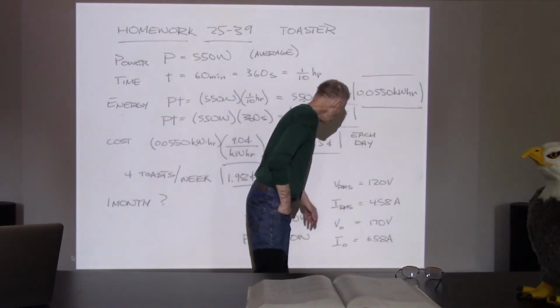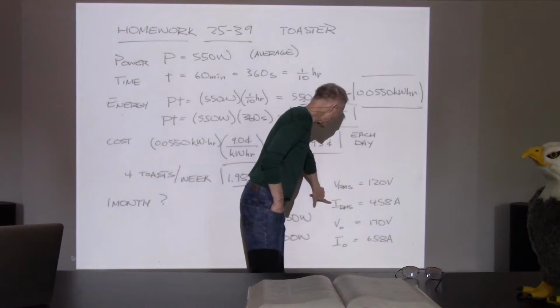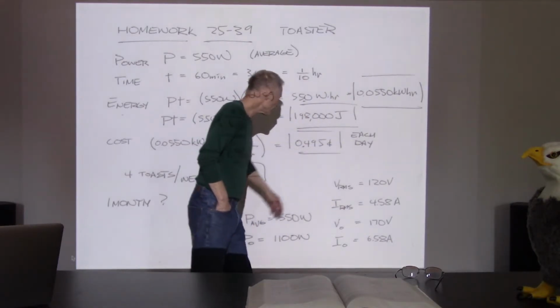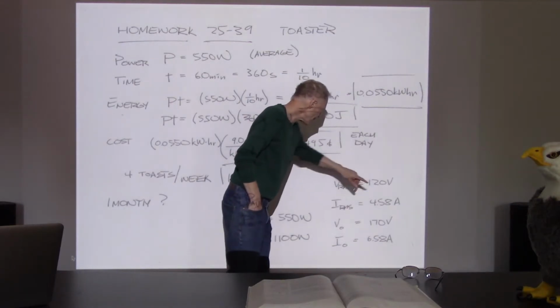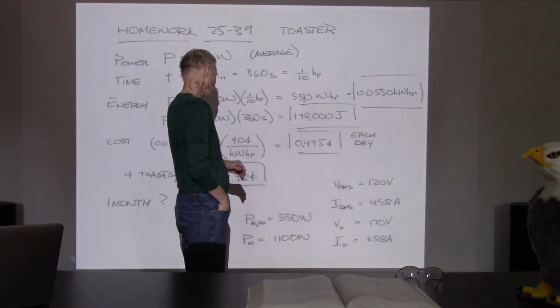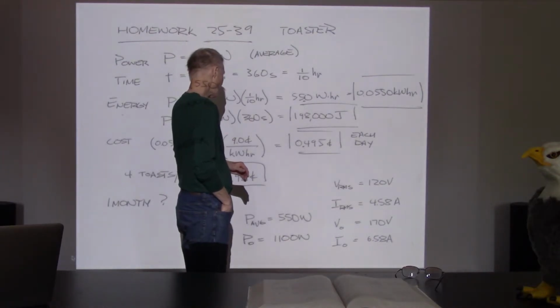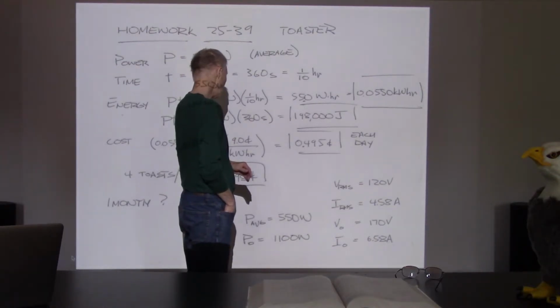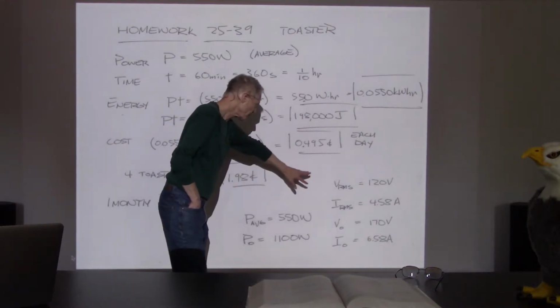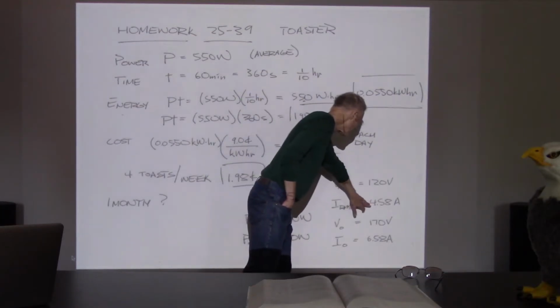And then also the current. So I solved for the current. The current we can get by taking the power and dividing through by the voltage, power divided by voltage, that's right. So we got the power divided by the voltage, and that gave me 4.58 amps.